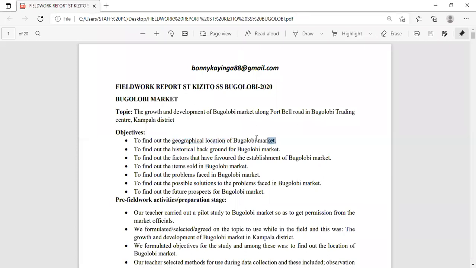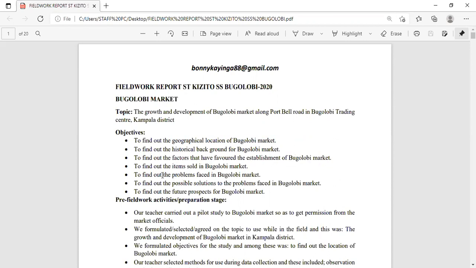And since you have to be specific, that's why we end with the topic. To find out the location of Bugolobi market. To find out the historical background of Bugolobi market. To find out the factors that have favored the establishment of Bugolobi market. To find out the items sold in the Bugolobi market.